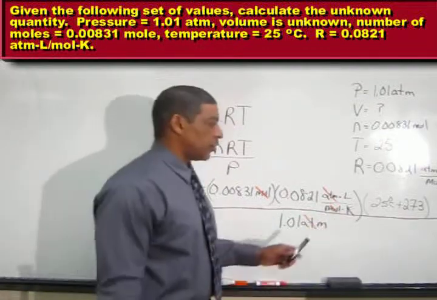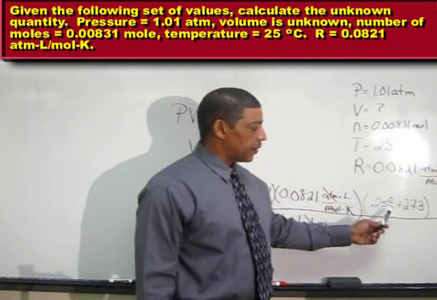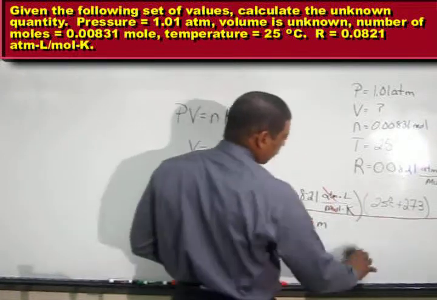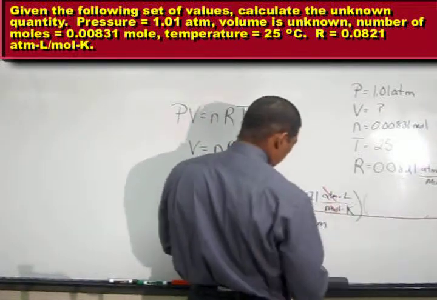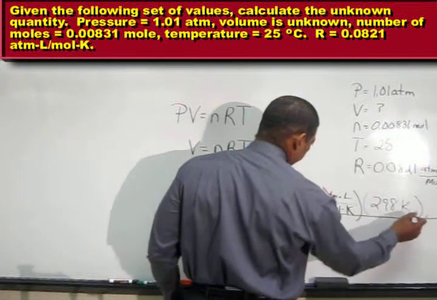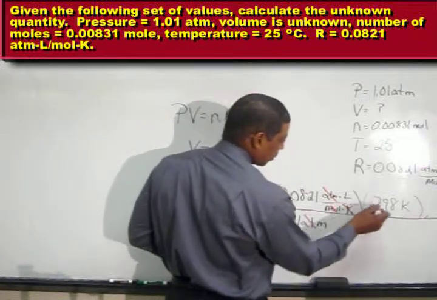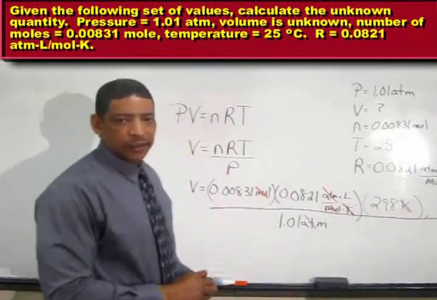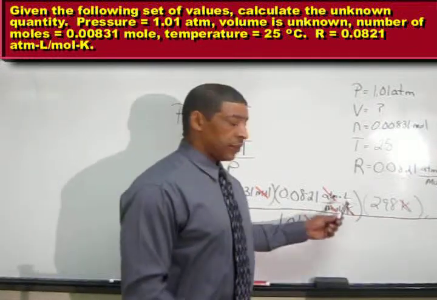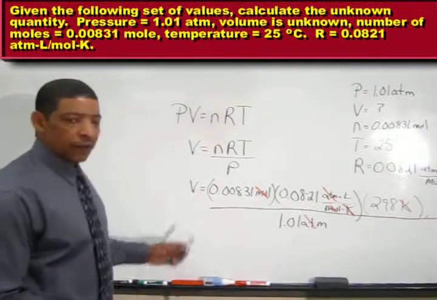Converting the Celsius temperature to Kelvin, simply add 25 degrees C plus 273. This will convert the temperature to 298 K, which of course will now allow us to cancel the K's. This means that our final answer will be in units of liters, which indeed represent the proper units for volume.